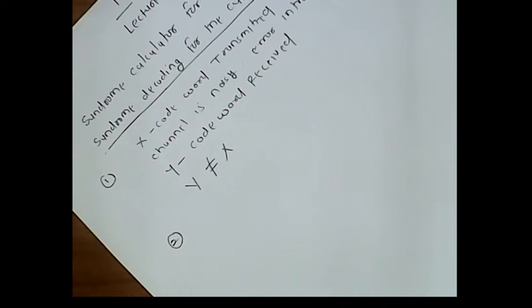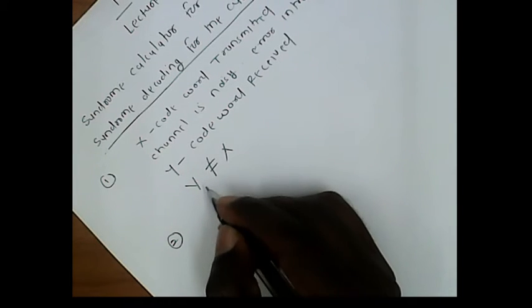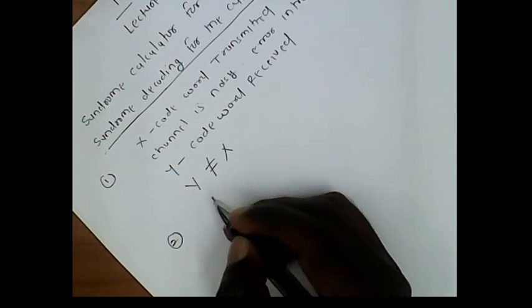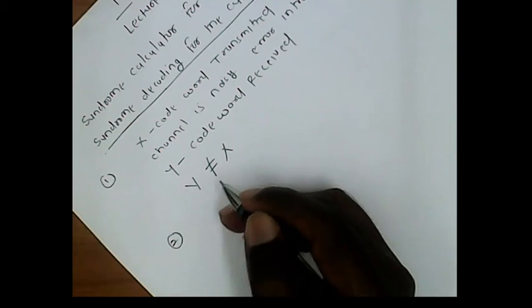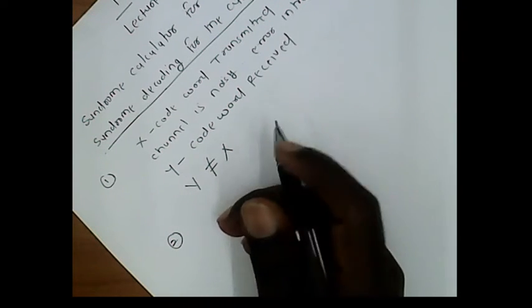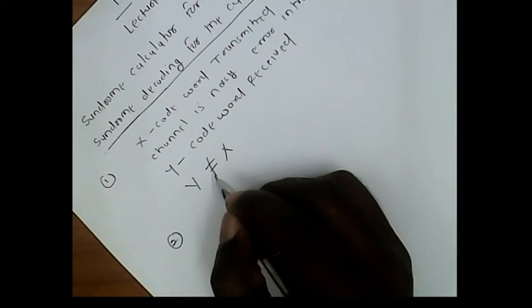For linear block code, the first step in decoding is to calculate the syndrome for the received code word. If the syndrome is 0, then there is no transmission error. But if the syndrome is non-zero, then the received code word contains a transmission error which requires correction. Similarly, in cyclic code, the first step in decoding is to calculate the syndrome for the received code word.